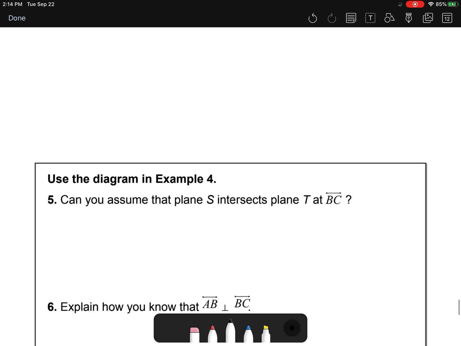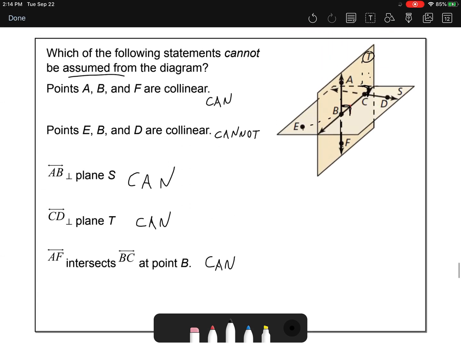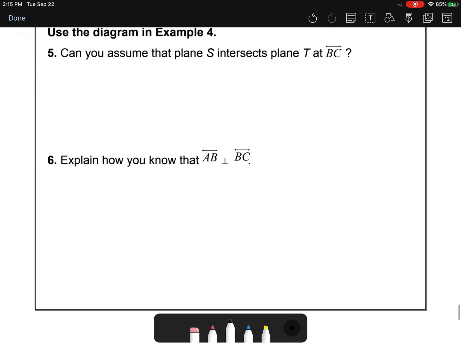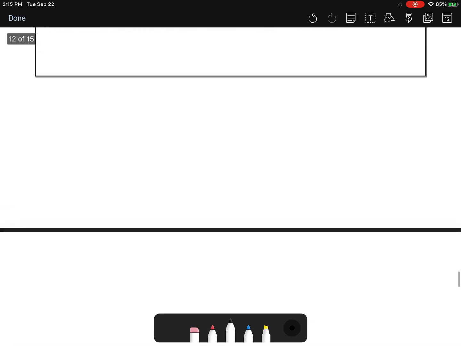All right, so now we're going to go back to example 4. I got these out of order. Here's example 4 again. Can you assume that plane S intersects plane T at line BC? I think we can.